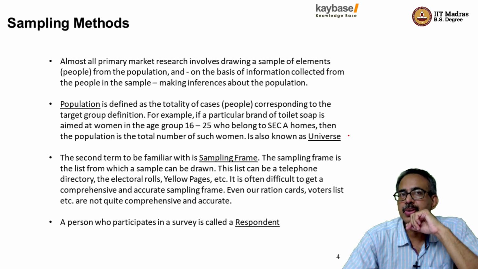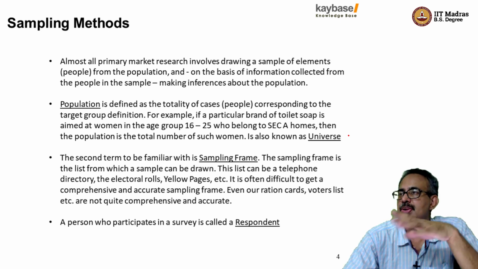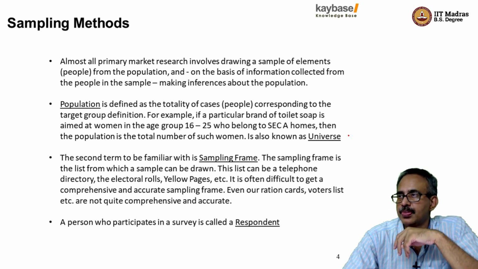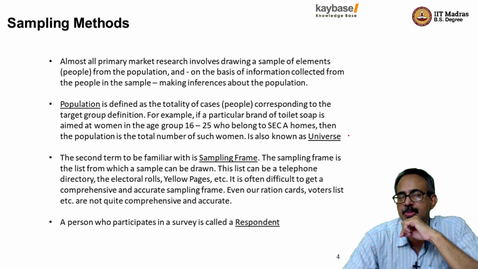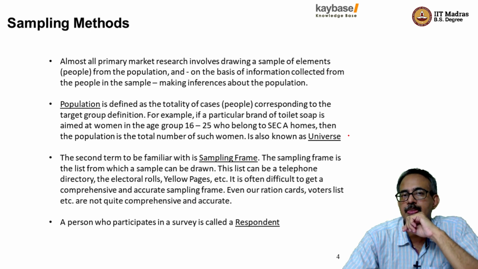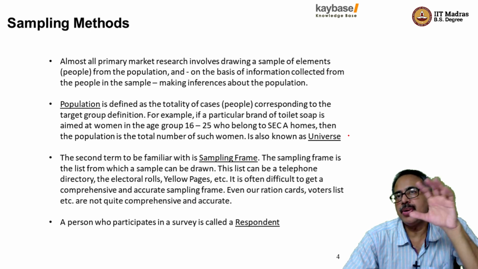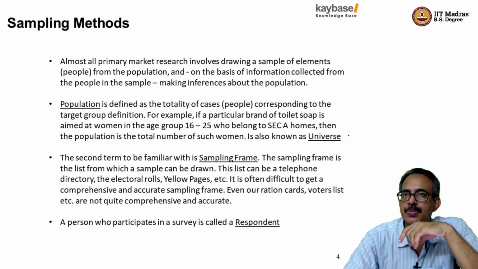Let us say we need to do a study among shops that offer Xerox services in, let us say, Bombay, for example, Mumbai. That is your population. Now, how do you draw the sample? You can go to different areas and walk around.